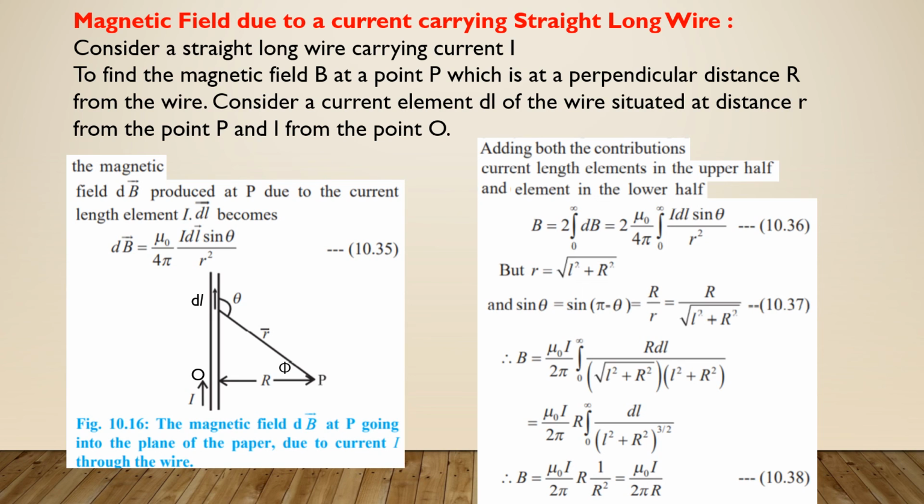It can be shown that this integration after evaluation comes to be 1 upon R square, which is shown in the next slide. Hence, we get the final expression for the magnetic field due to a current carrying straight long wire as mu 0 I upon 2 pi R.